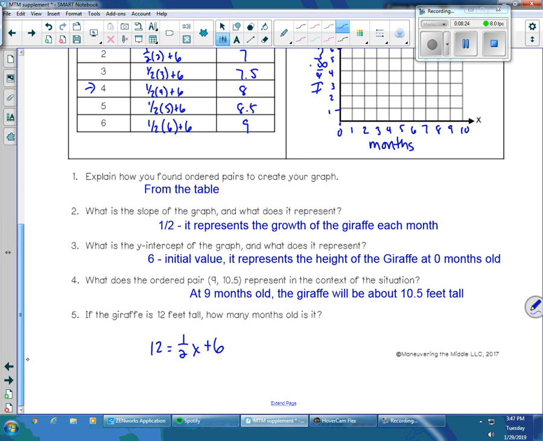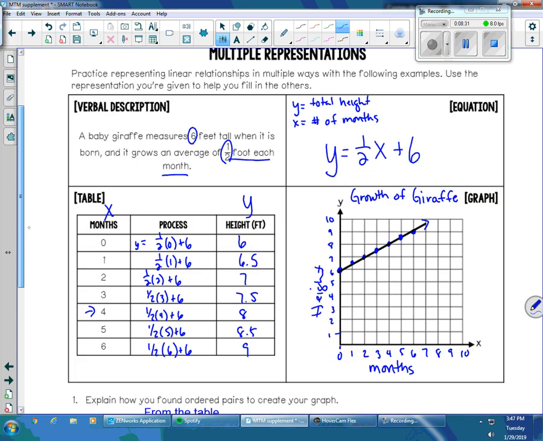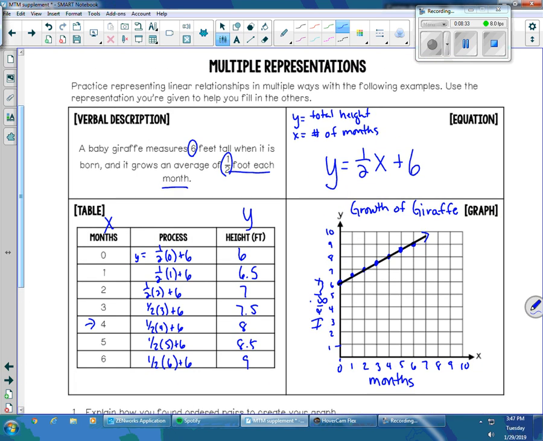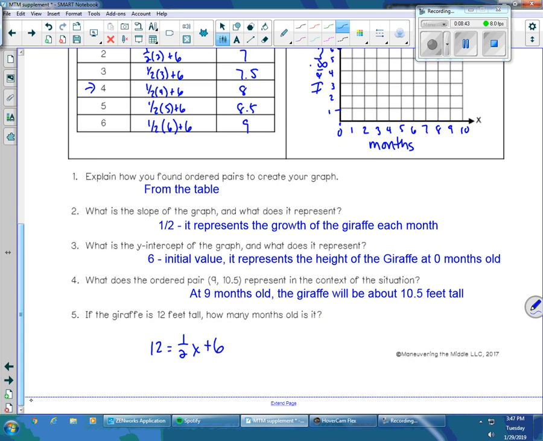So now we just have to go about solving for x using our properties of equality. We could also use our table. If I had gone by 2s on the months instead of going by 1s, perhaps I could figure it out from the graph. But right now I'm just going to use the equation.